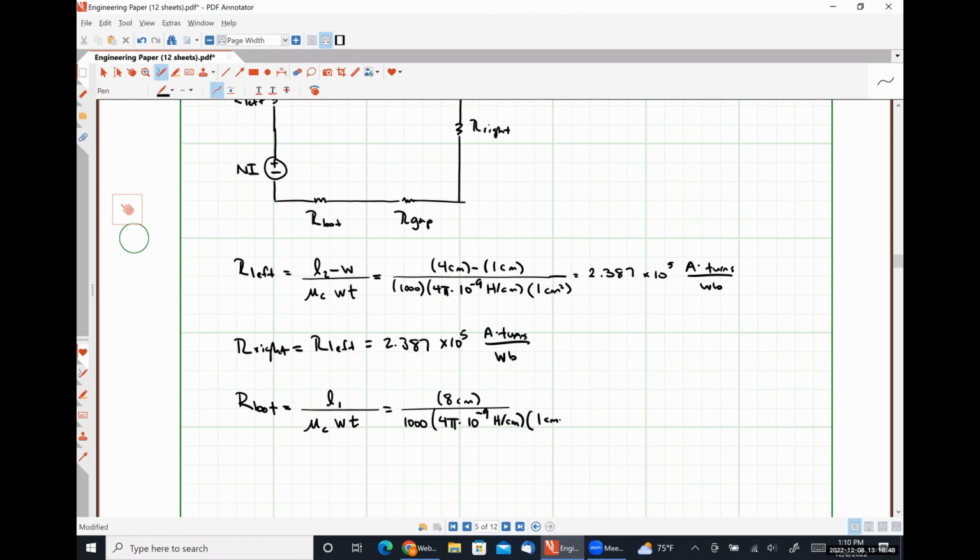Our area will be 1 centimeter squared. And so this is going to give us a number that I don't have written down because I did the calculation slightly wrong. So I'm going to get my calculator out here. 6.366 times. That seems pretty reasonable to me.